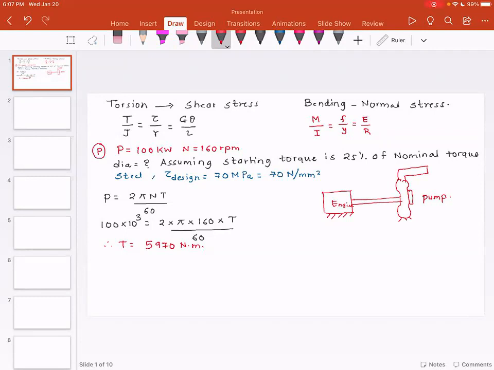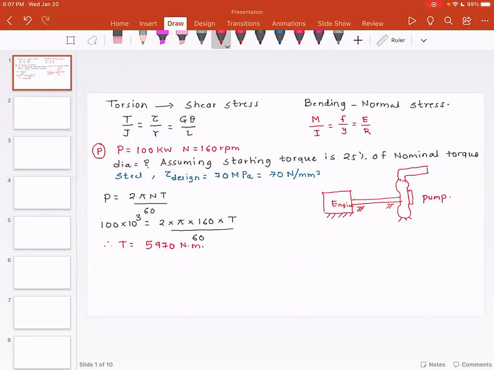The reason for that is the static coefficient of friction for different components is greater than the kinematic coefficient of friction. And sometimes the starting torque exceeds the nominal torque. However, we want our shaft, which is between engine and load or pump, to sustain not only the nominal torque, but also the starting torque.